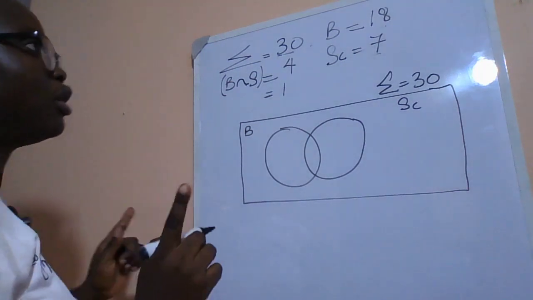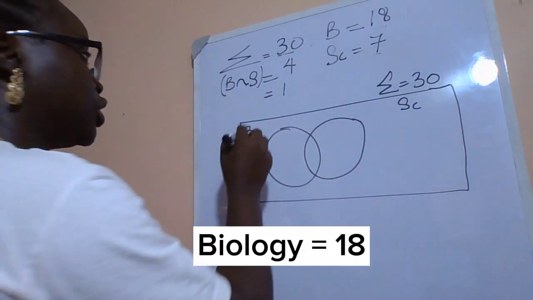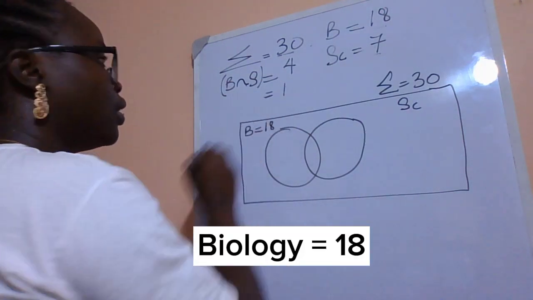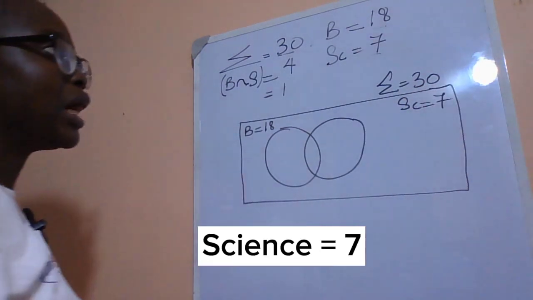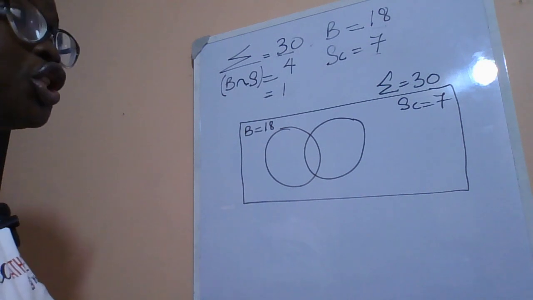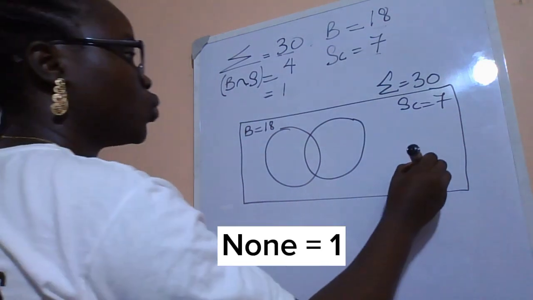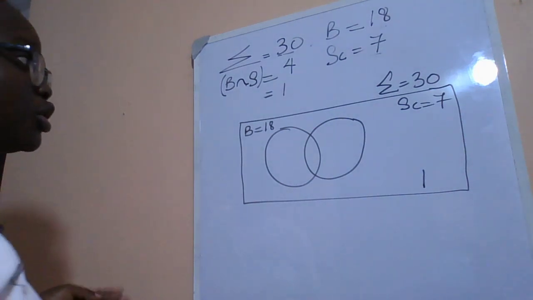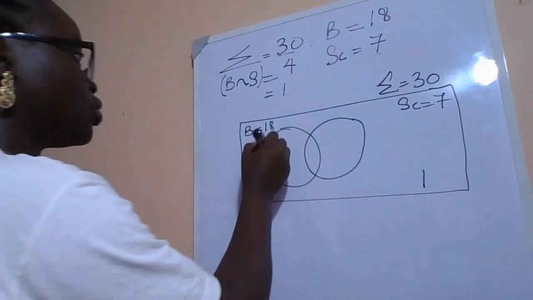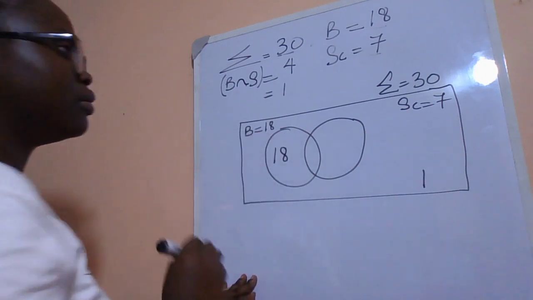Students who took biology are 18, while students who took science are 7, while students who took neither biology nor science is 1. So how many students took biology? They are 18, so we write it as 18.